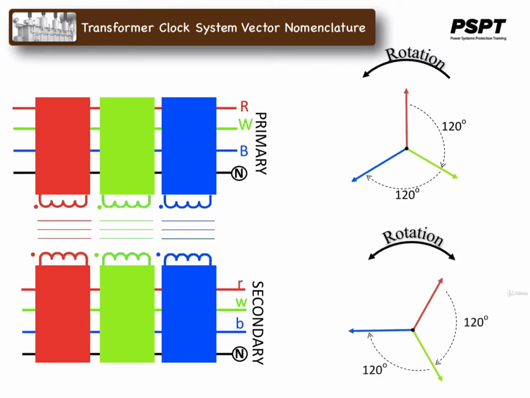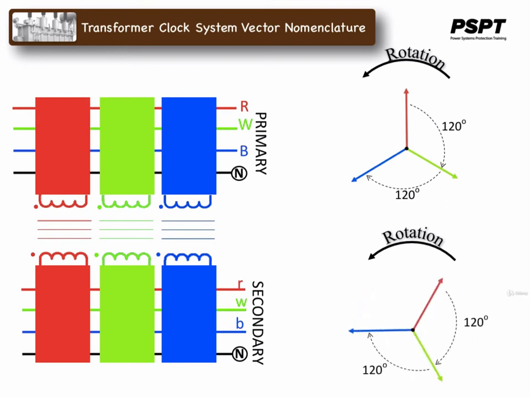Depending on the transformer connections, the secondary voltages can either be rotating in a clockwise or a counterclockwise direction. Assuming, however, that we are still dealing with a balanced system, the secondary voltages are equal in magnitude and 120 degrees apart, but may lead or lag the associated primary voltages.